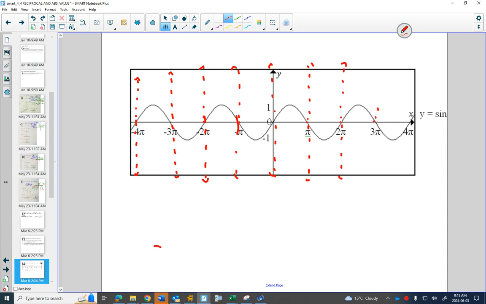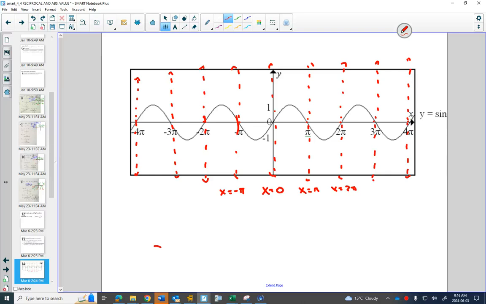Oh, we have lots of them. So wherever there is going to be an x-intercept, you're going to have a vertical asymptote. We can label these a little bit. Maybe I won't label them all, but this one's at x equals 0. This is x equals pi, x equals 2 pi, x equals negative pi, and so on. We could label them all if we wanted to.